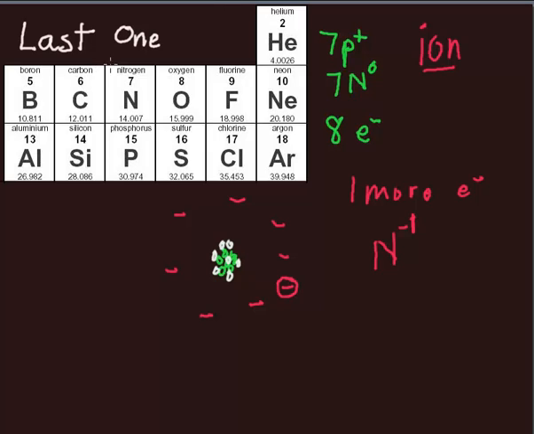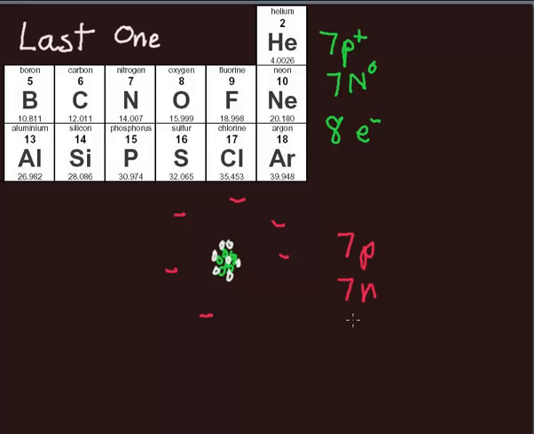All right, and then the other side of the coin. Instead of having 1, 2, 3, 4, 5, 6, 7 electrons, we have one less. What if we had 7 protons, 7 neutrons, and then only 6 electrons?